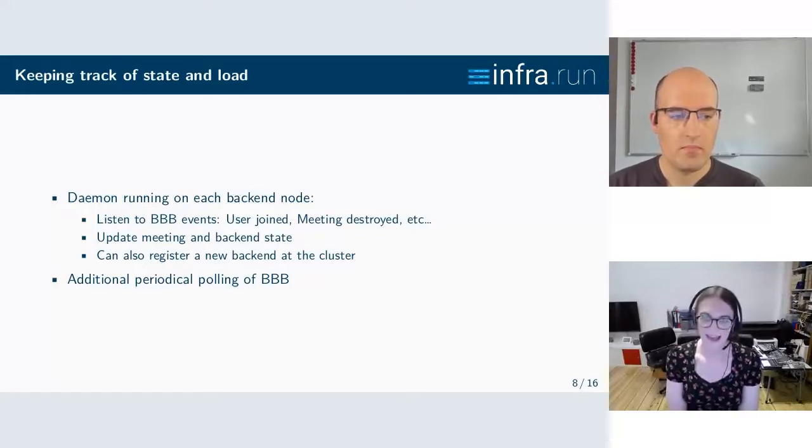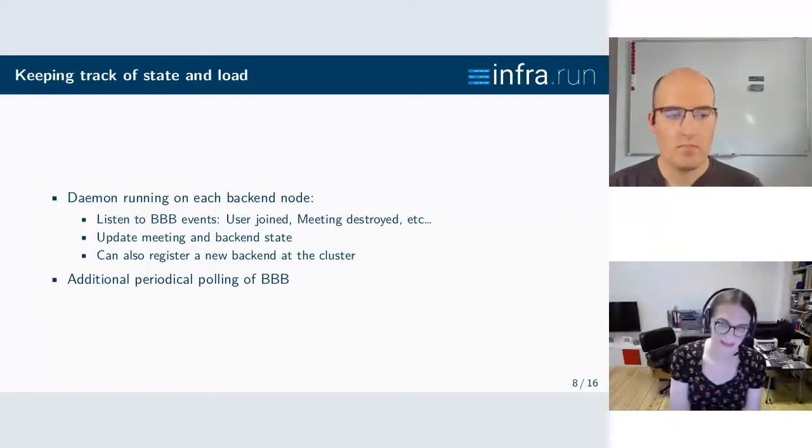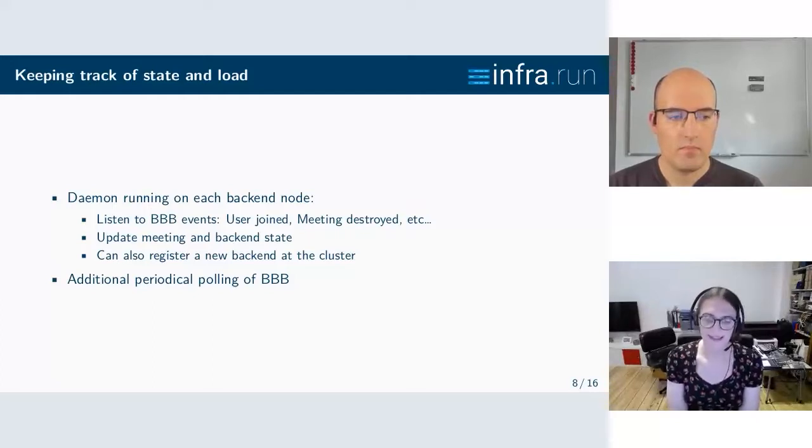And then this node daemon is reporting this back into the shared state, where we can use this information to make calculations about utilization or numbers of meetings running, numbers of attendees, and so on.